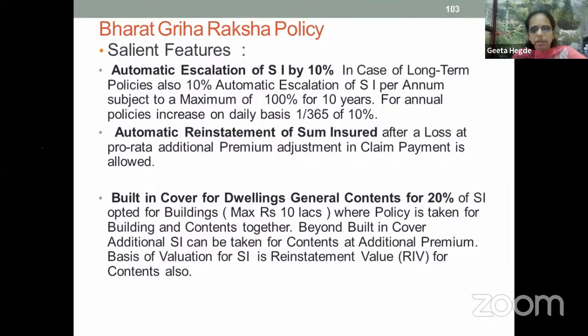Machinery may be purchased at 50,000 and now it is 4 years old. So if you consider it with depreciation, then it's the depreciated market value. But if that 50,000 machinery is today available at 75,000, then the value of that machinery on reinstatement basis is today 75,000. There is a lot of difference in escalation and reinstatement.